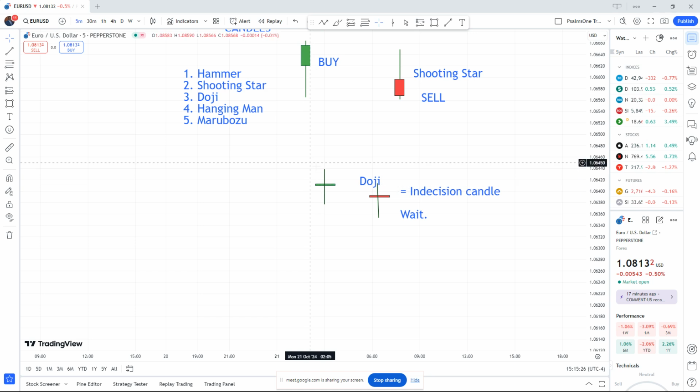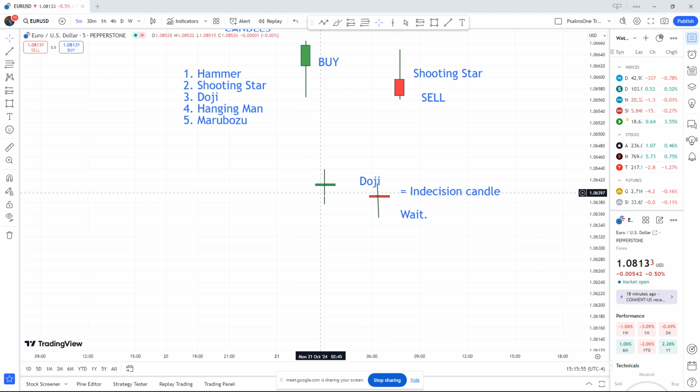So a plus sign, just like this. Let me put on it. So this is what they call doji. Doji. What does it mean?